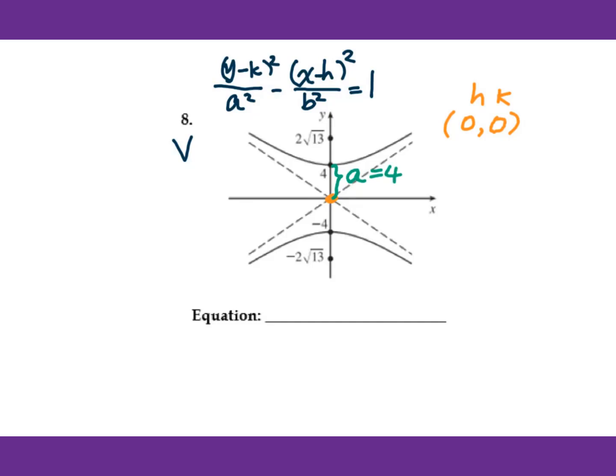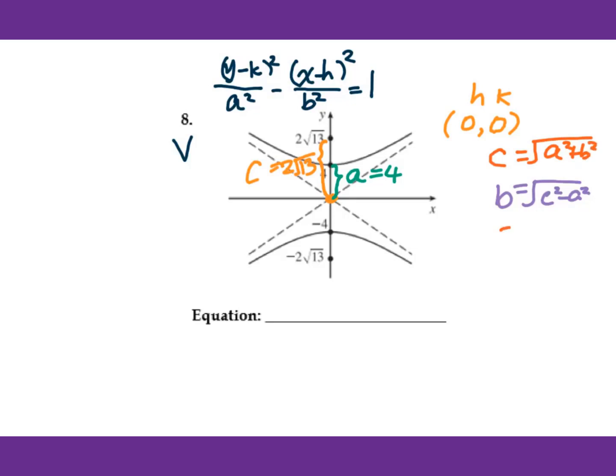This graph gives you the foci. The distance between center to the focus, that's 2 square root of 13. That will be c. Therefore, we can get b equals square root of c squared minus a squared, because c equals square root of a squared plus b squared.